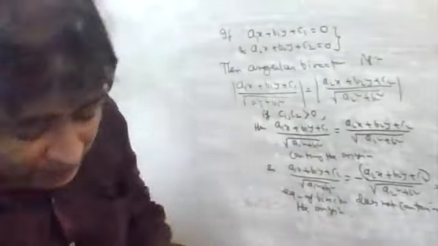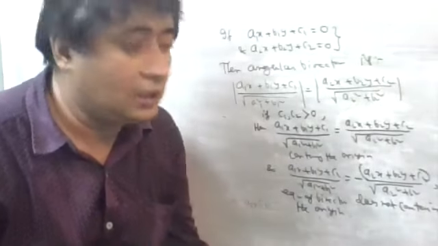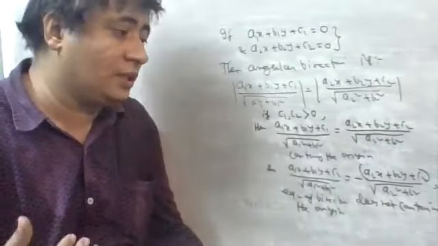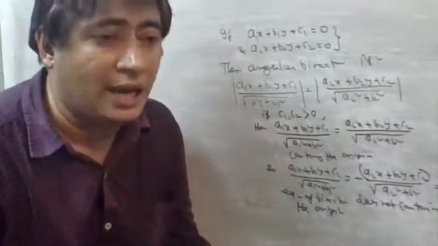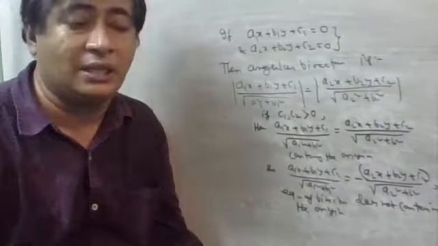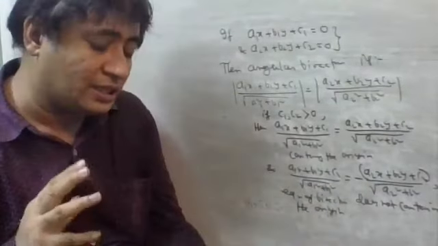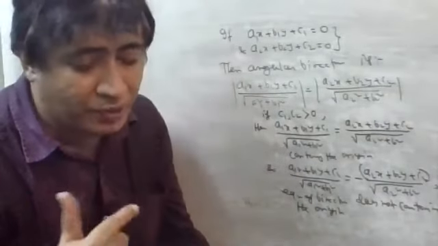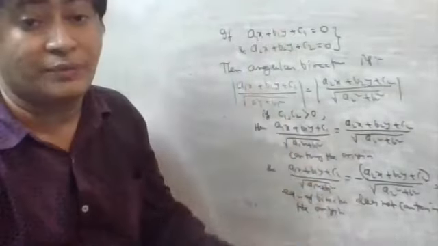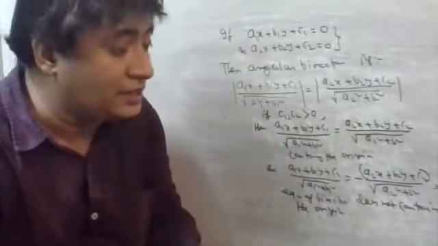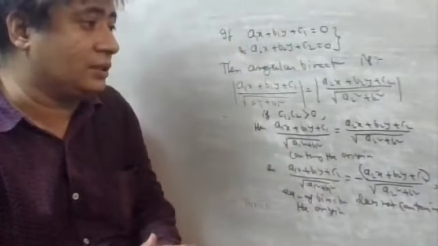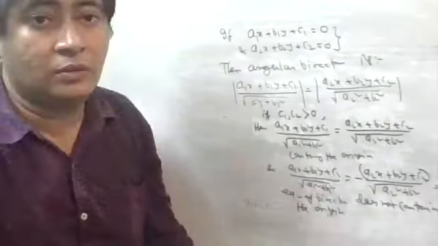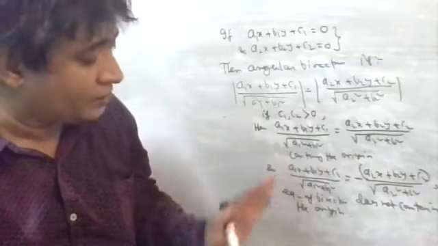There are so many things left, say slope form, intercept form, normal form, then distance between two parallel lines, condition of perpendicularity. But those things are just formulas, and you need their application. But these are the conceptual part, the line which contains the origin and which does not contain the origin. Understood? So this is the conceptual part.